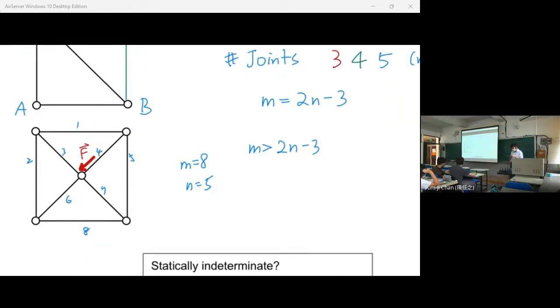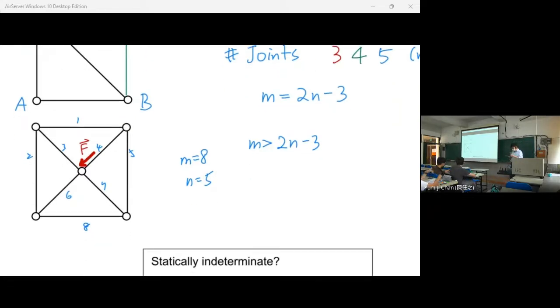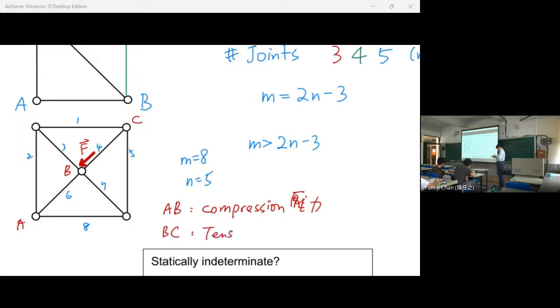So let's say A, B, and C. AB will have compression, and BC will have tension.